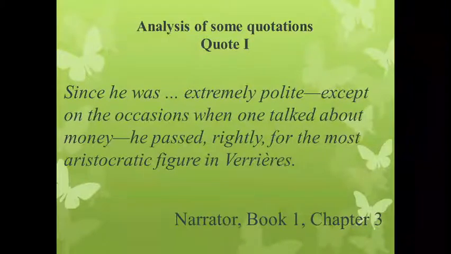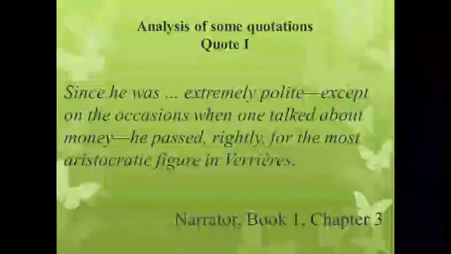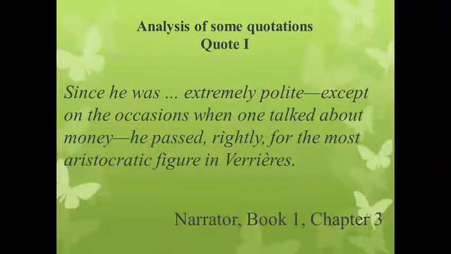He is a materialistic bourgeois who spends most of his time thinking of money. His upper-class pretensions disappear only when his conversation turns to money. So when the narrator says the mayor passes rightly for an aristocratic figure in Verrières, he is indicating there are no upper-class figures in this little town.